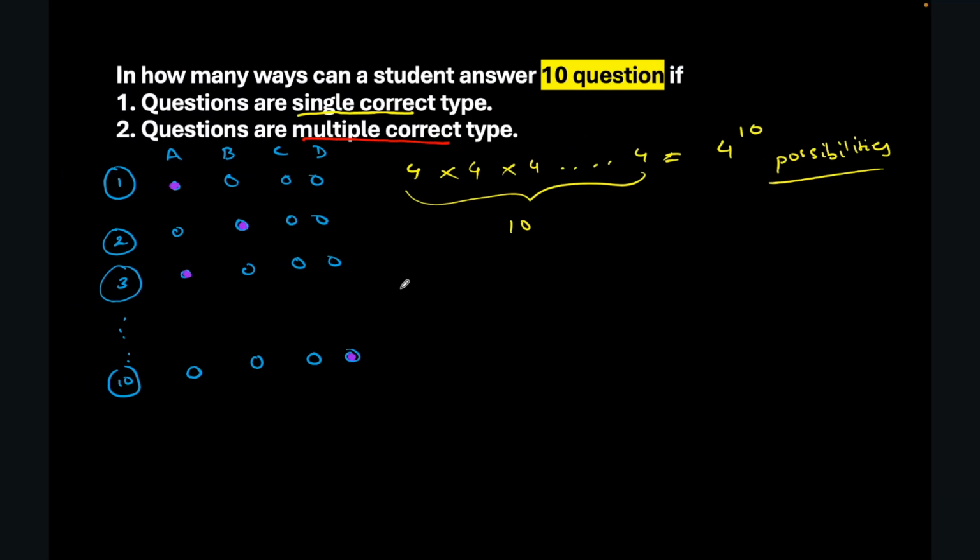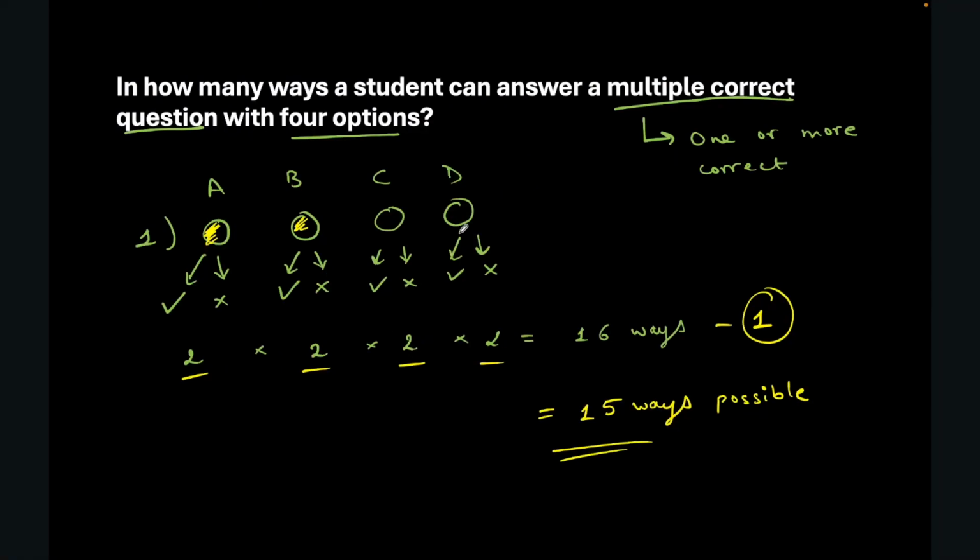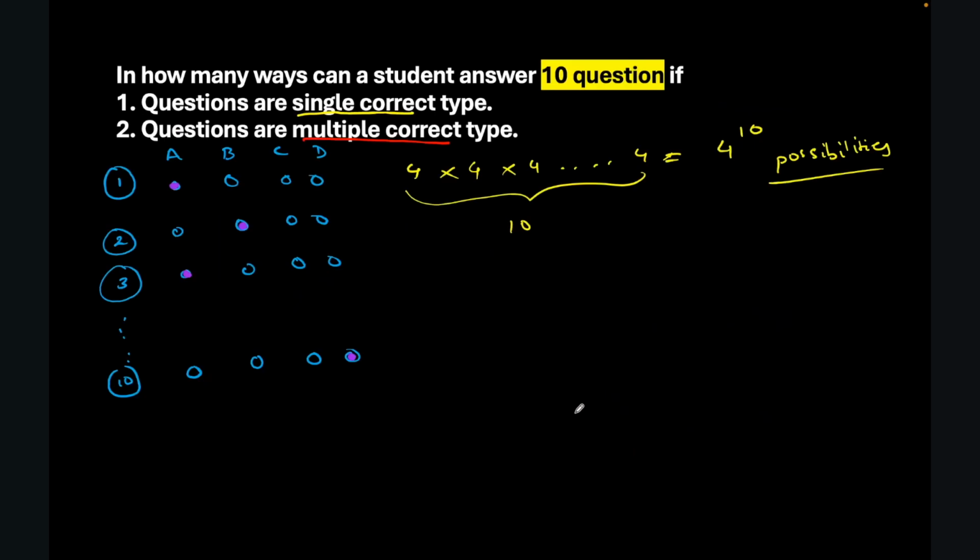Okay, so if you use the same logic from the previous question, for one question with 4 options, there are 15 possible ways. So for question 1, there are 15 possible ways. For question 2, there are 15 possible ways. For question 3, there are 15 possible ways, all the way down to the 10th question.